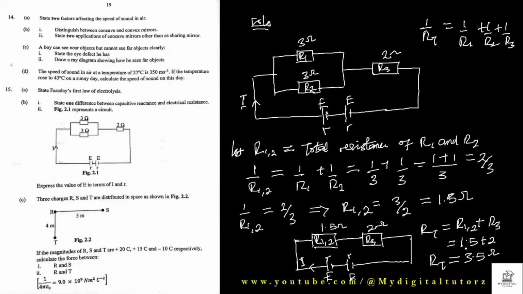I hope this is understood. So I have 3.5 ohms as the total external resistance. Having done that, I have my R total to be 3.5 ohms.